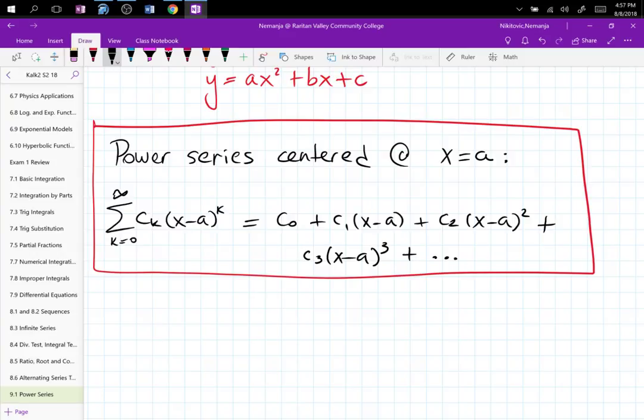Now, the more you keep, the more precise an answer you get. So ultimately, we want to use power series to replace nasty functions that need to be either integrated or calculated, and get a simple polynomial in their place that we can manipulate easily in terms of graphing and finding zeros with the software and so on.